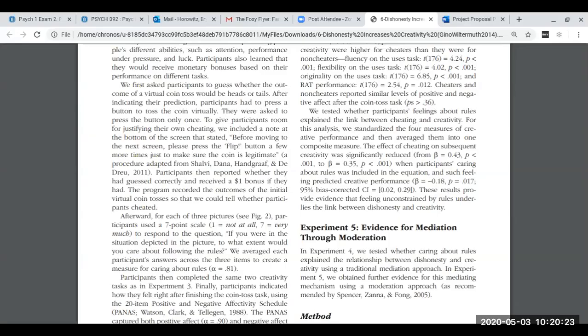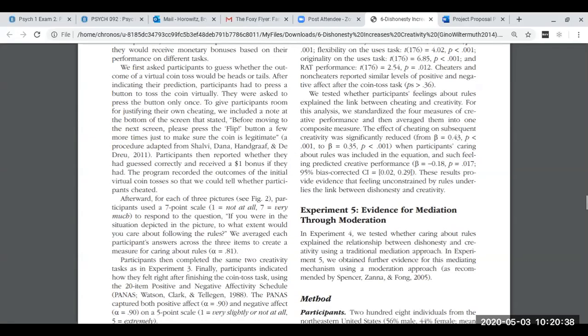Okay, participants then completed the same 2 creativity tasks as in experiment 3, which remember was the rat task and the measure of creativity on flexibility and originality. Finally, participants indicated how they felt right after the coin toss task.